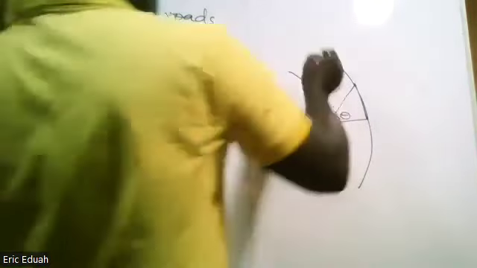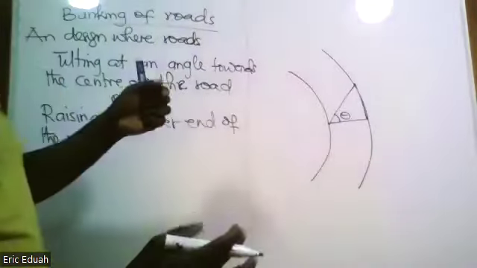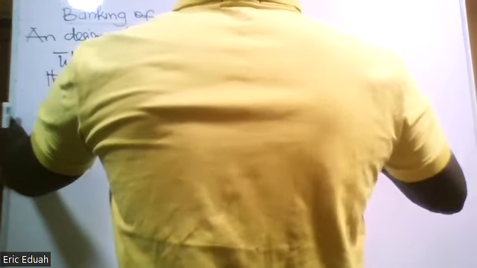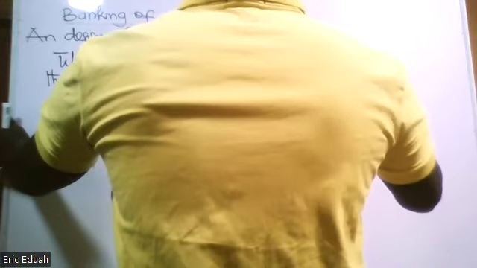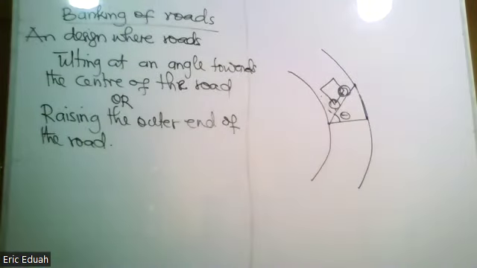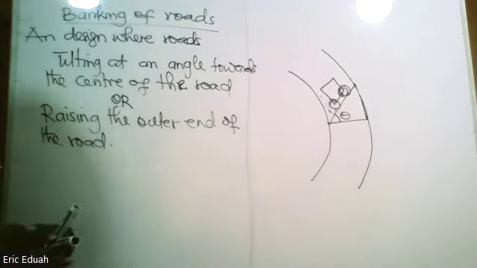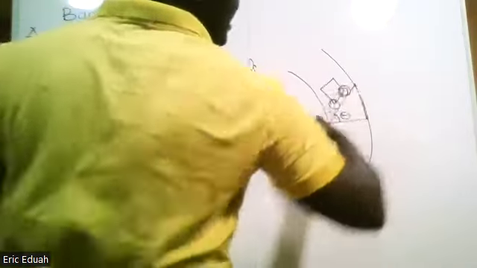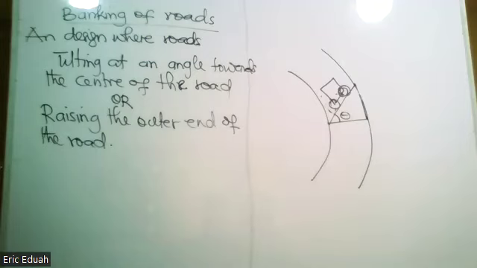So cars plowing on such a road move tilted. The cars are also tilted towards an angle. And it is there for safety purposes, to prevent the car from easily skidding off the road.